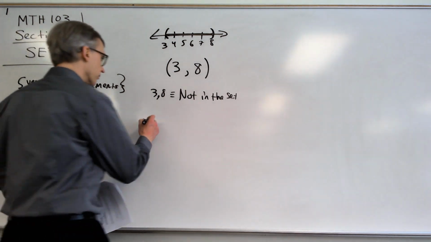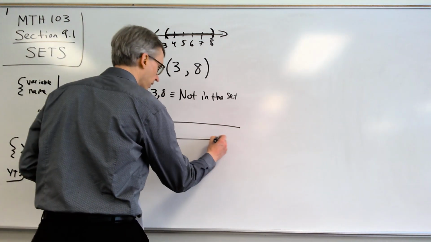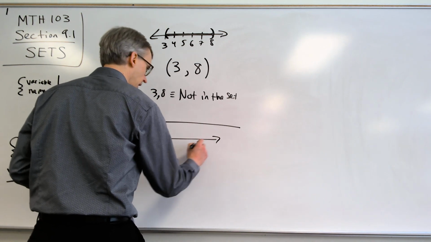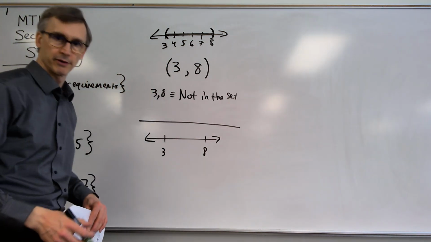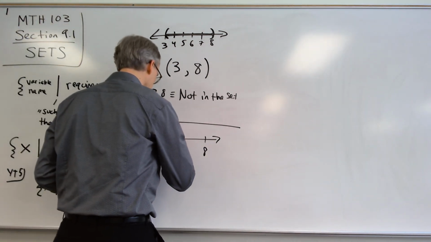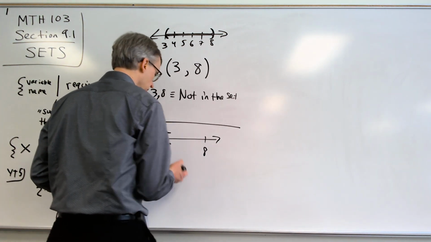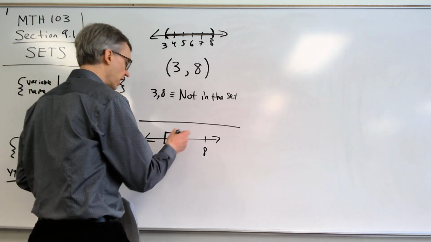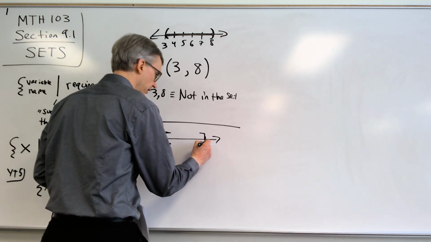Now if we wanted to include 3, then we're going to use brackets. And when you graph these, there's no need to put in all the numbers. I don't care about those. All I care about is the endpoints. That's all that matters. And so then brackets, and they should face where we're shading. So the bracket should face inward, since we're going to shade in the middle.